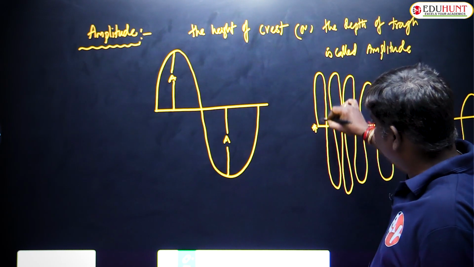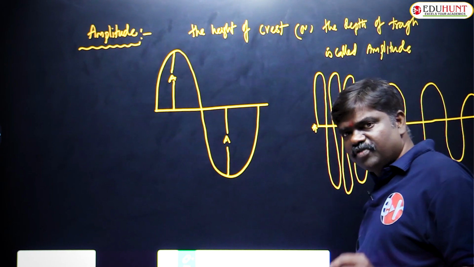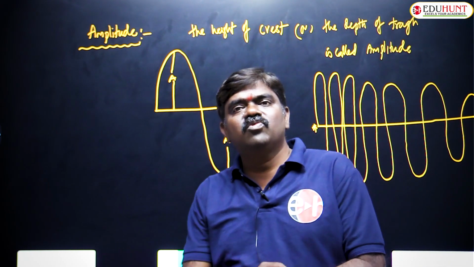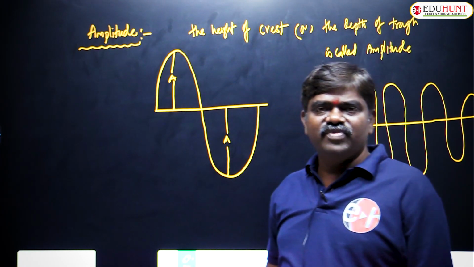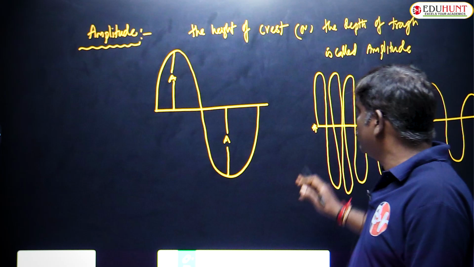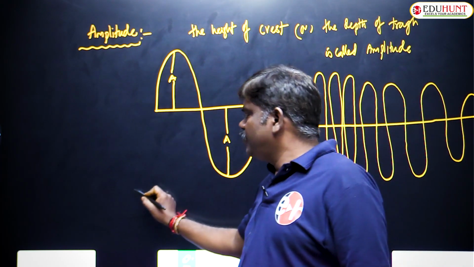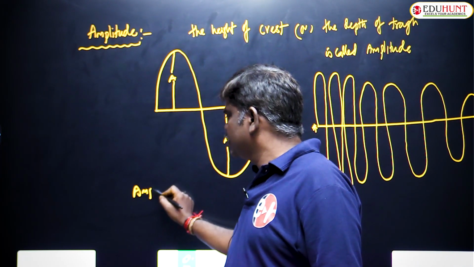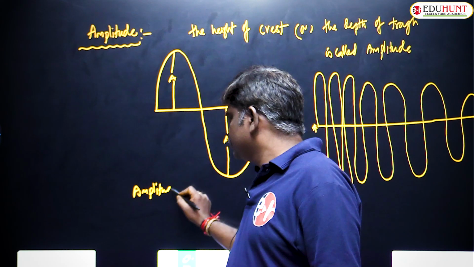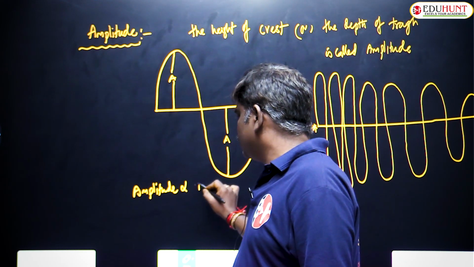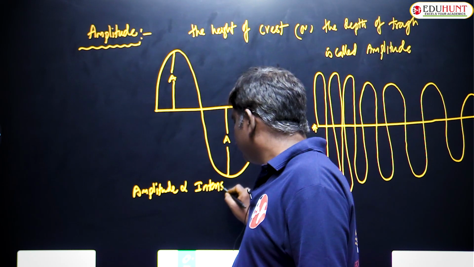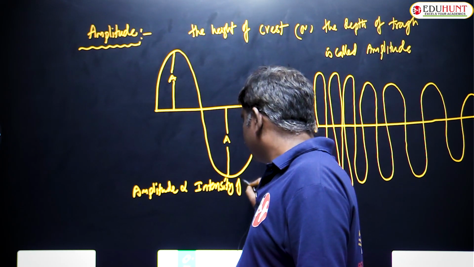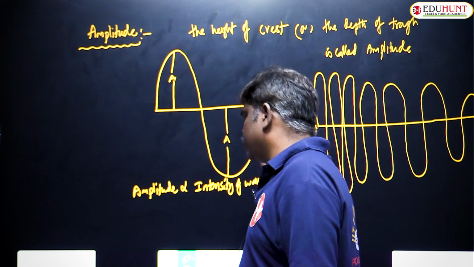So at the starting point of the light, intensity is more. Why is intensity more at the initial point of the light? Because amplitude is more. So amplitude is directly proportional to intensity of the wave. This is a very important point.